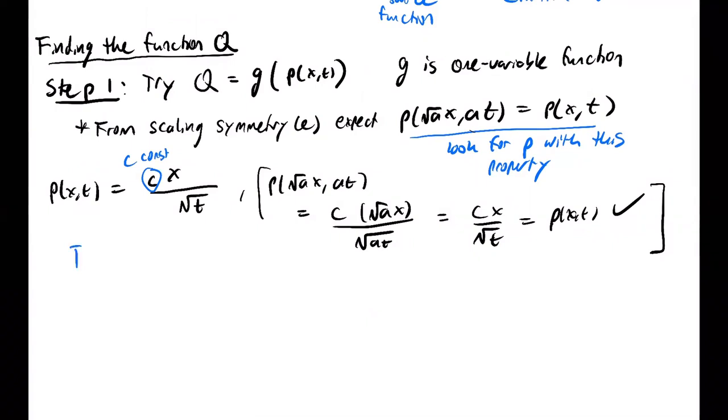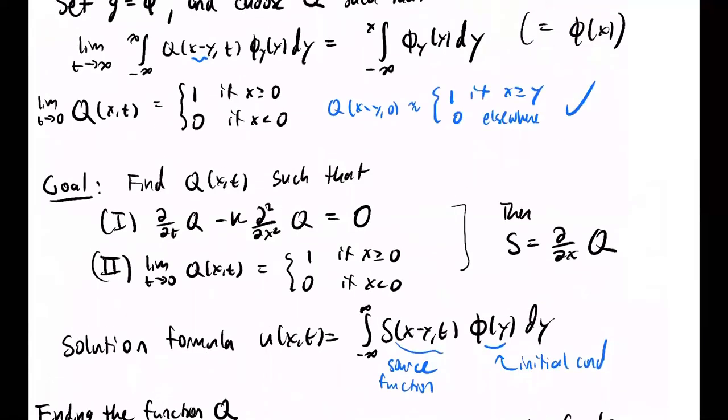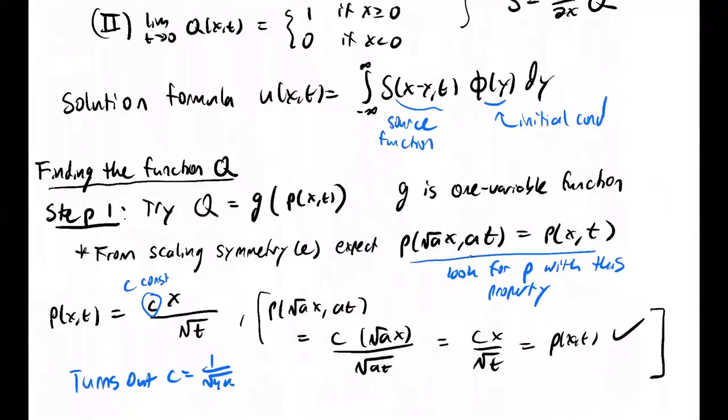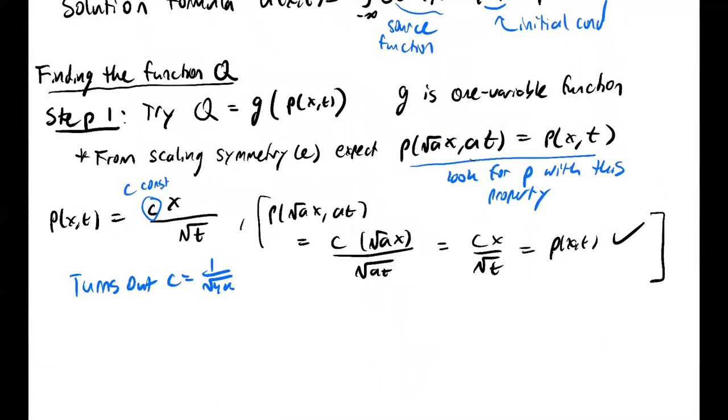So it turns out that the best constant, or the only constant that will work, is 1 over the square root of 4k, where k is the constant from the diffusion equation. Again, you could just check this by differentiating everything and seeing that this is what c has to equal. I'm just going to skip that step so that we can focus on the main part of the argument.